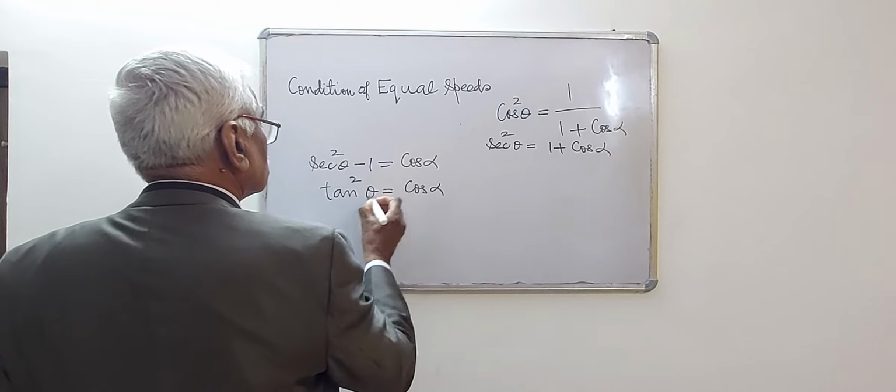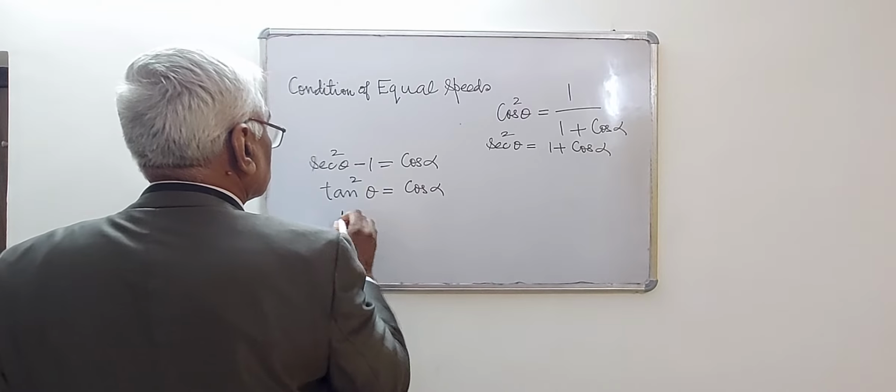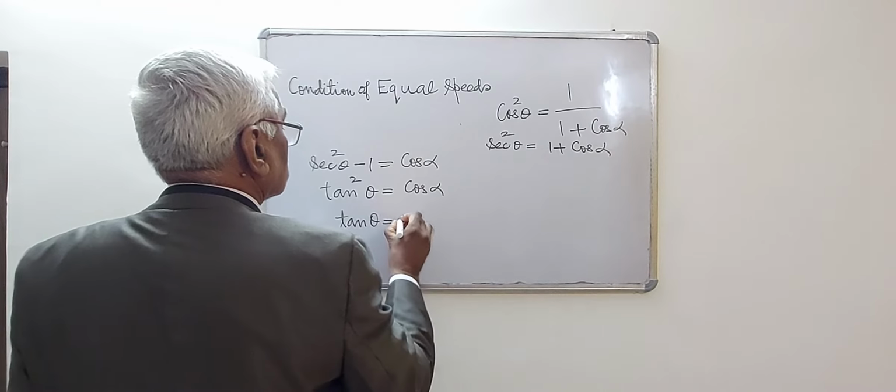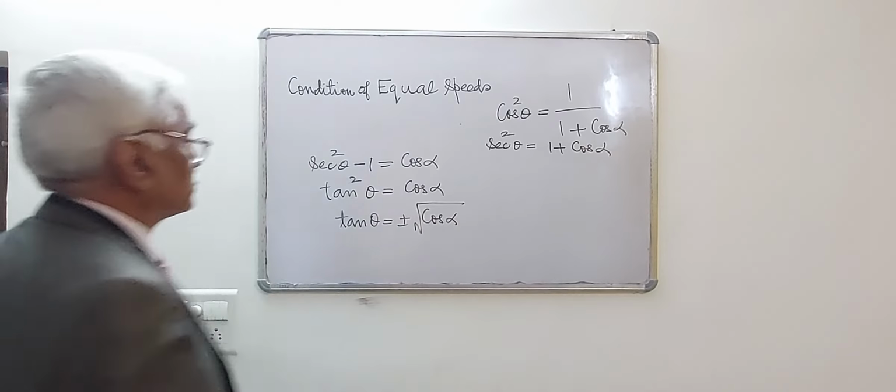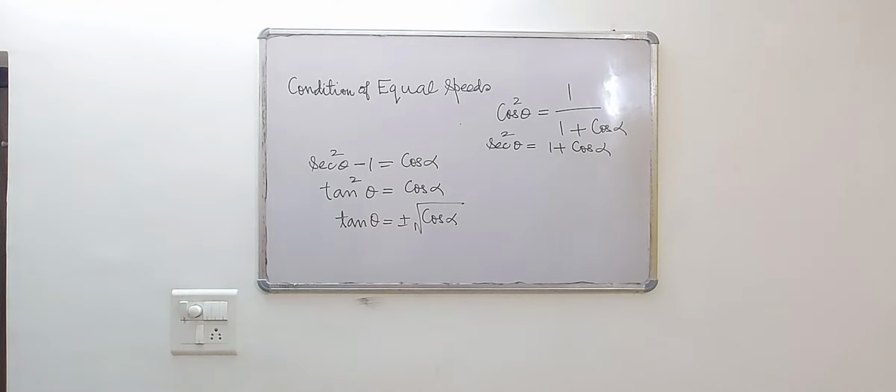Or tan theta is equal to plus minus under root cos alpha. It can be written like this.